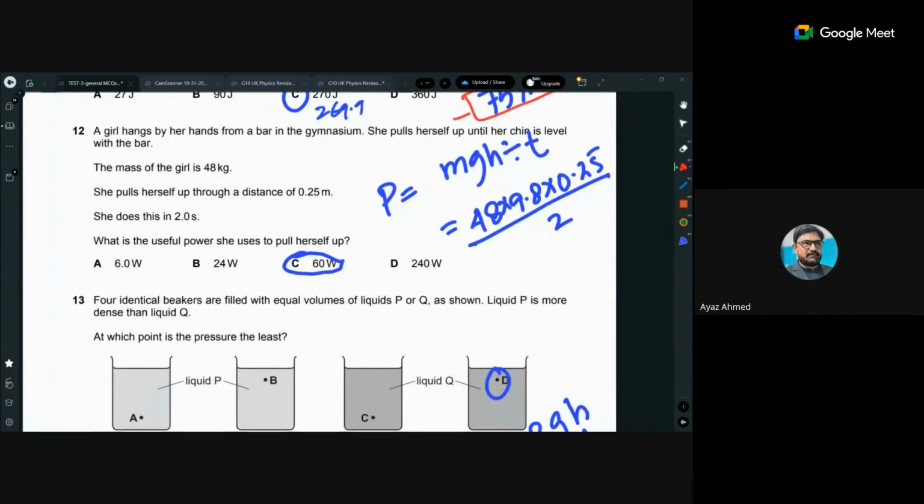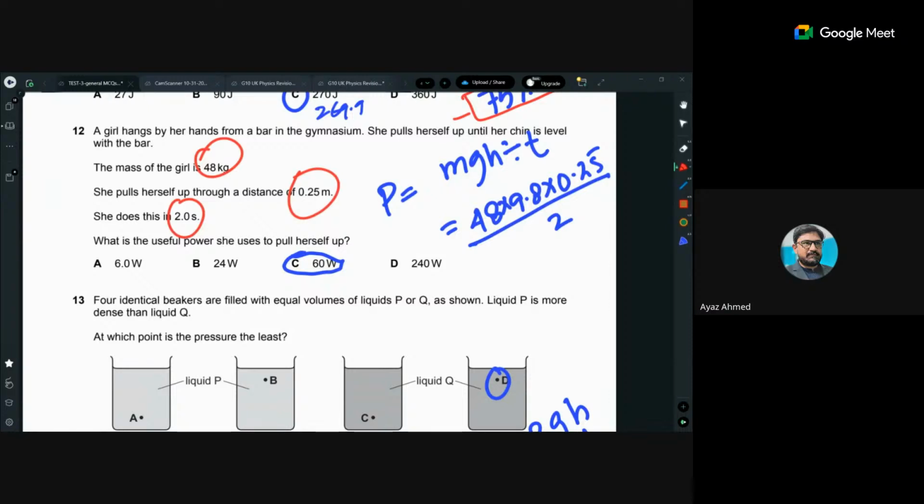A girl hangs by her hands from the bar in the gymnasium and pulls herself up until her chin is level with the bar. The mass of the girl is 48 kg and she pulls herself up through a distance of 0.25 meter in 2 seconds.